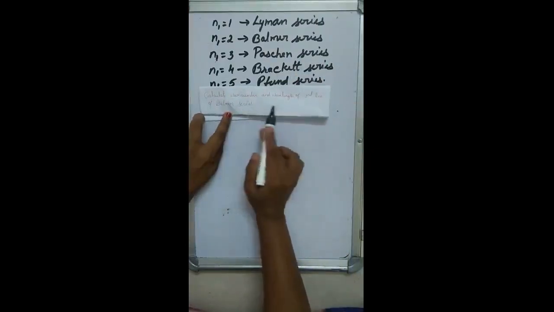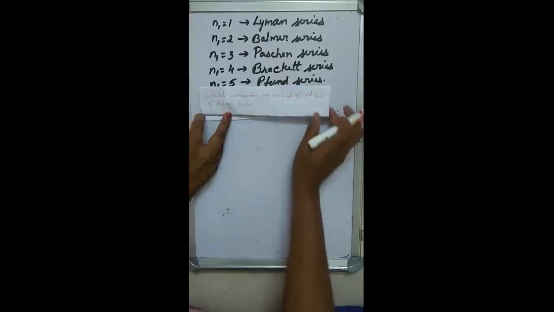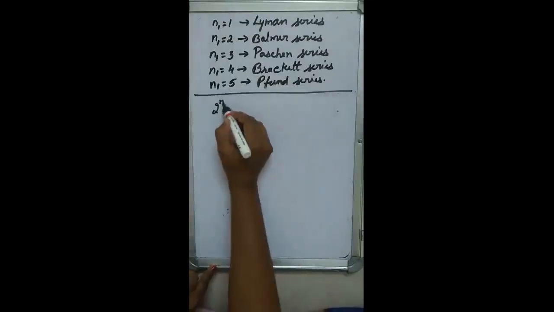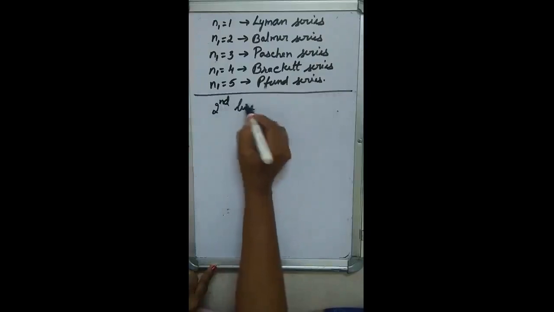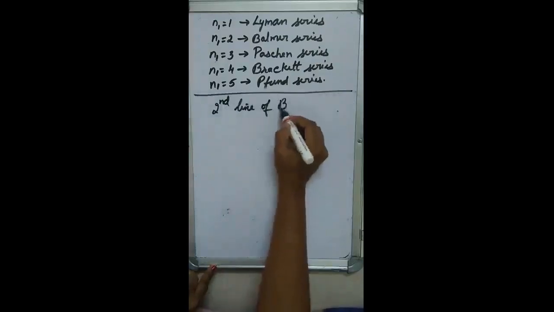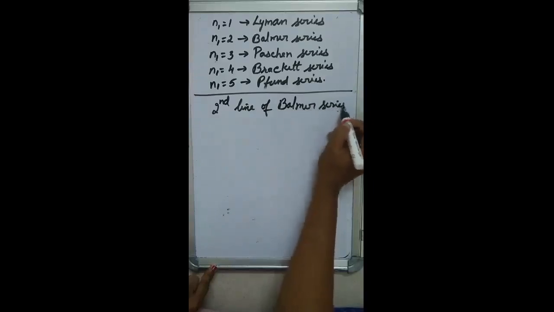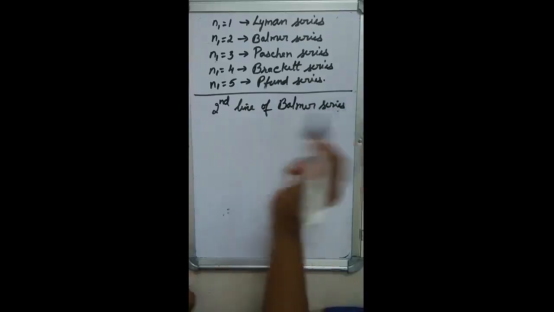So here the question is asked about the second line of Balmer series. Calculate wave number and wavelength.